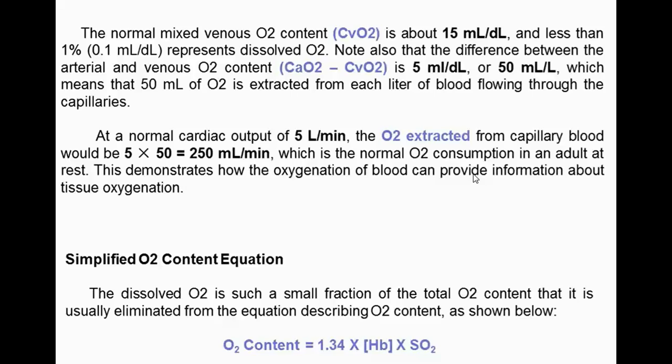If it's from the right atrium, it is termed the central venous sample, or central venous oxygen saturation. If it's taken from the right ventricle, it's called mixed venous.